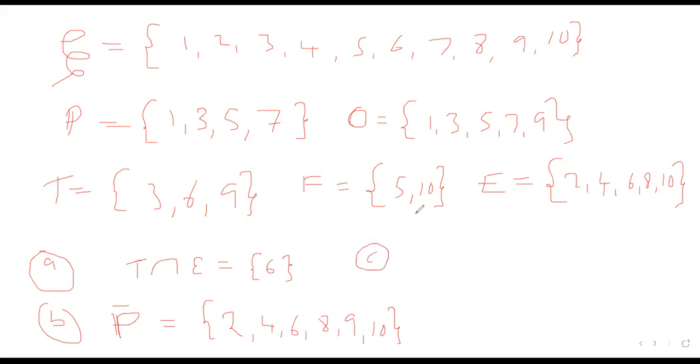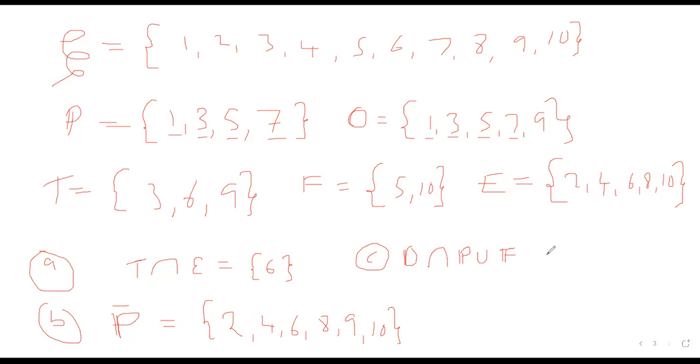And we've got to find what is the intersection of P and O, then unite it to F. What is common between P and O? 1 is there, 3 is there, 5 is there, 7 is there. 9 is not there.